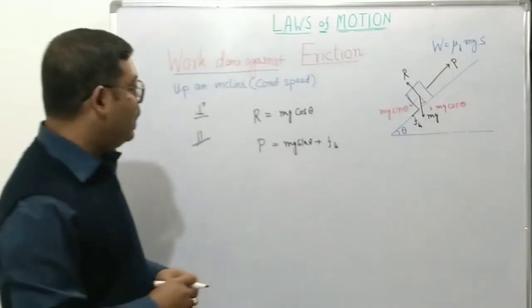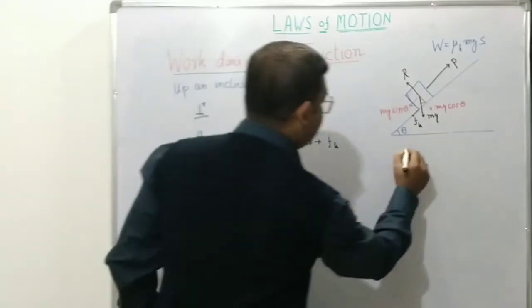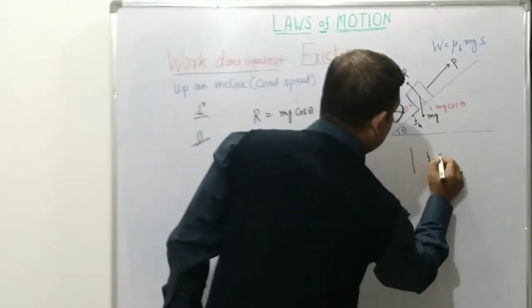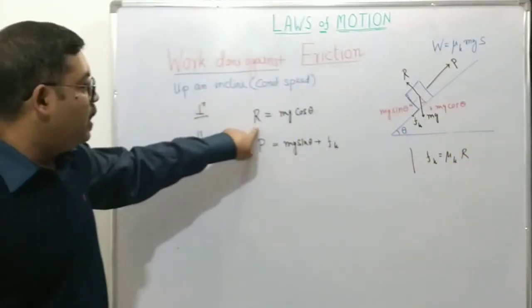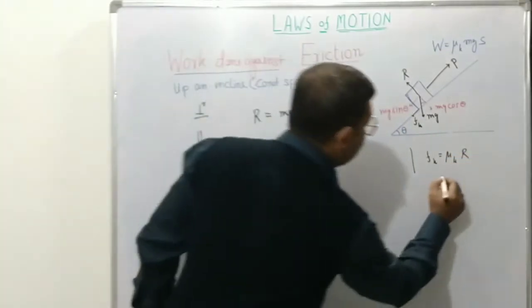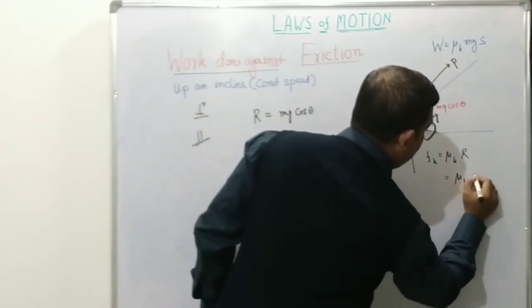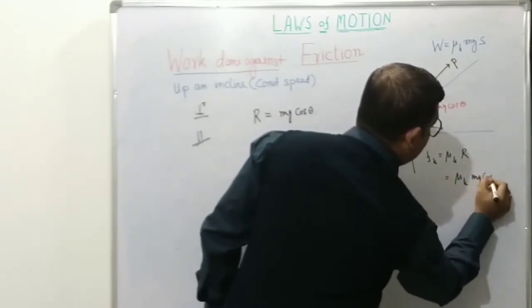Now we already know that Fk is equal to mu k into R, but from the first equation R is found to be mg cos theta, so this will be equal to mu k mg cos theta.